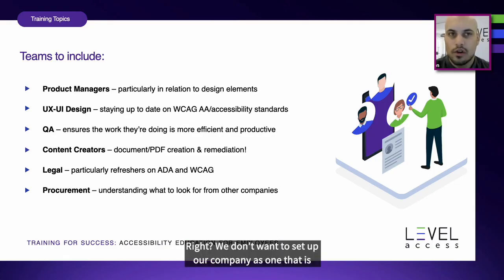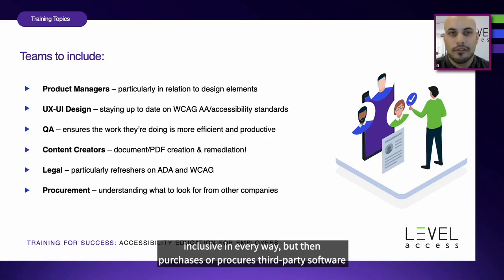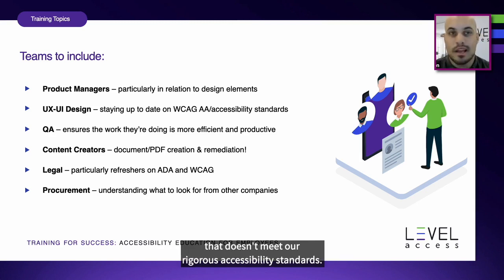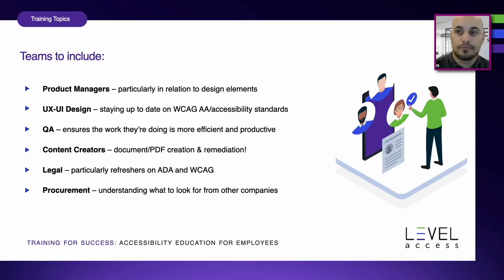We don't want to set up our company as one that is inclusive in every way, but then procures third-party software that doesn't meet our rigorous accessibility standards. So knowing what to look for when we're procuring those tools is vital to meeting that highest level of inclusivity.